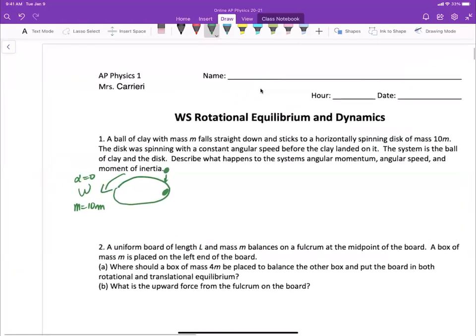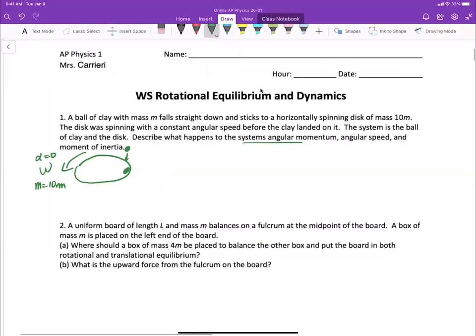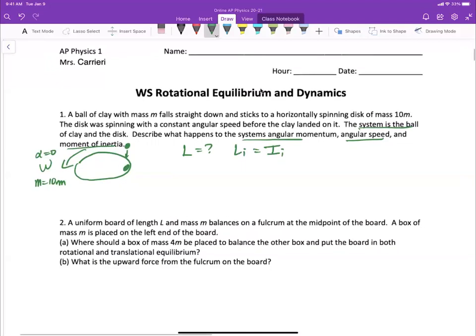Describe what happens to the system's angular momentum, angular speed, and the moment of inertia. The system has been defined as the ball of clay and the disk. So angular momentum, what is it going to happen to it? Well, the initial angular momentum is the rotational inertia of the disk times its angular speed.